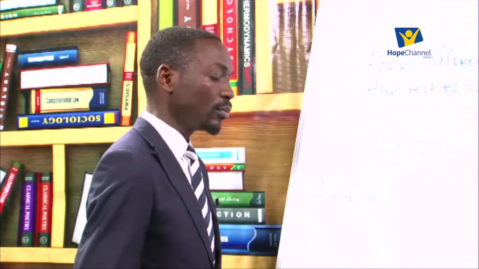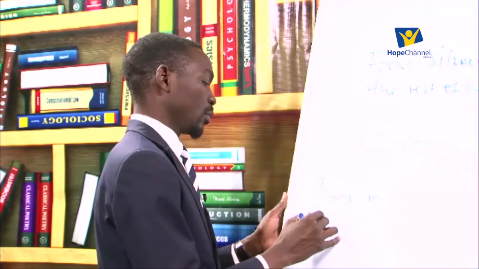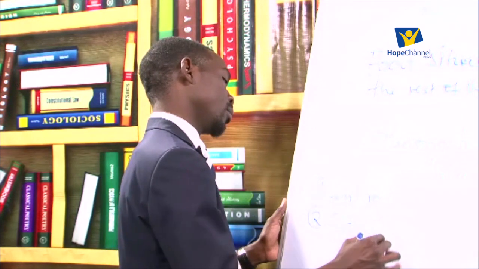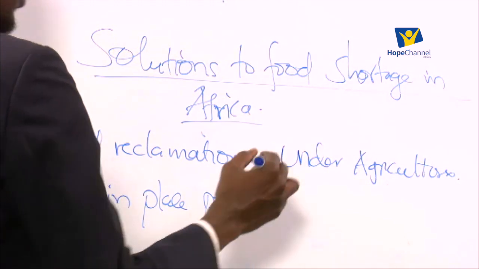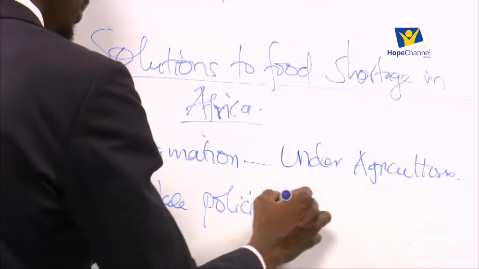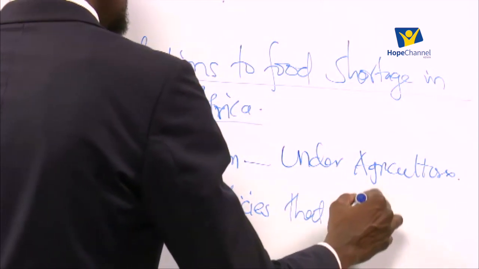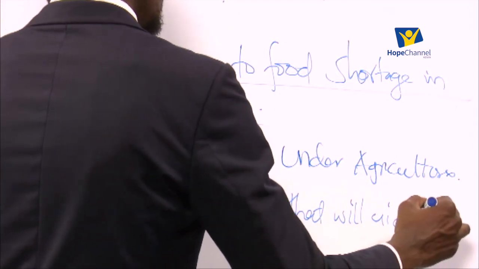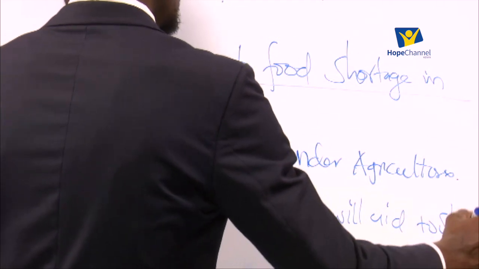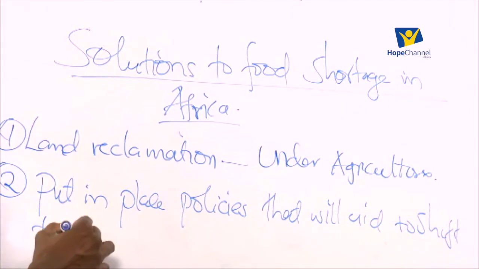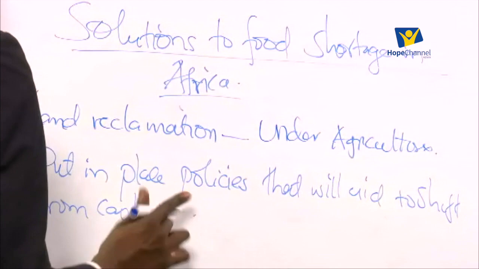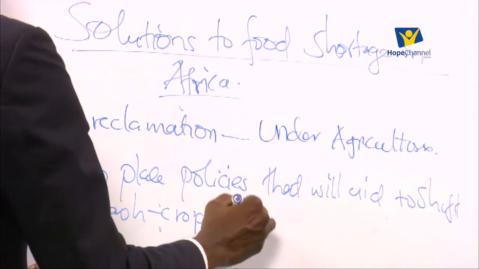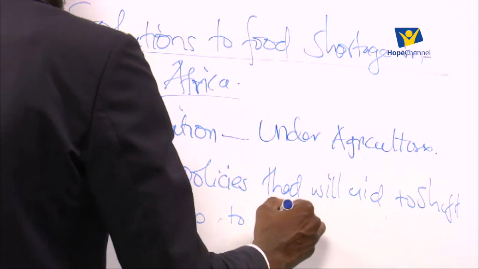Number two, to put in place policies that will aid a shift from cash crop production to food production, to food crops.